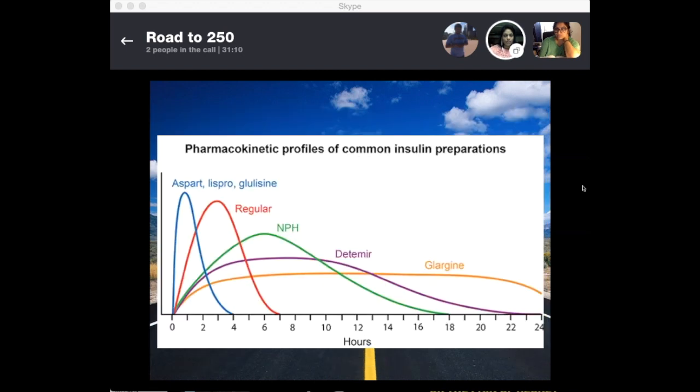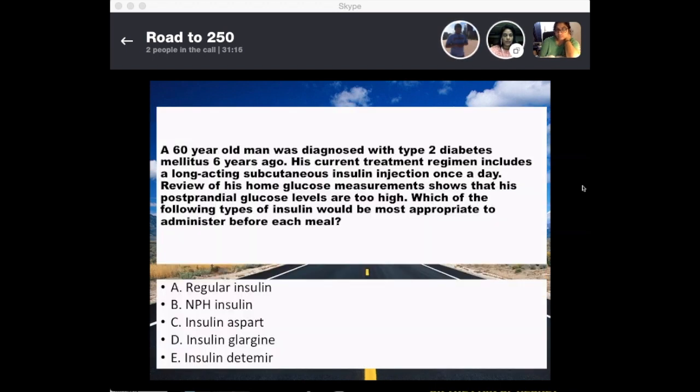Any questions or anything about that? Okay, so the next one: a 60-year-old man was diagnosed with type 2 diabetes mellitus 6 years ago. His current treatment regimen includes a long-acting subcutaneous insulin injection once a day. Review of his home glucose measurements showed that his postprandial glucose levels are too high.